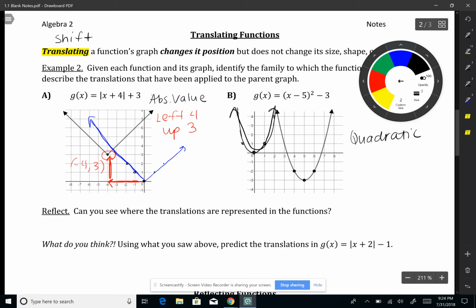Well, now my vertex has moved, let's see here, to the point 5, -3. So it looks like we have moved right 5 and down 3.